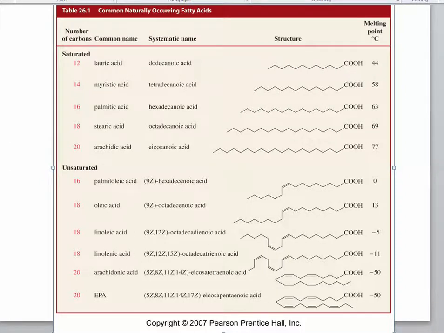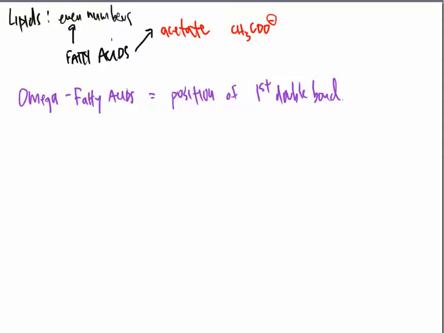So linoleic acid, according to nutritionists, will be an omega 6 fatty acid. And that 6 is the position where the first double bond happens from the end, from the tail, not from the COOH end, like we would number that as number 1 for IUPAC name.